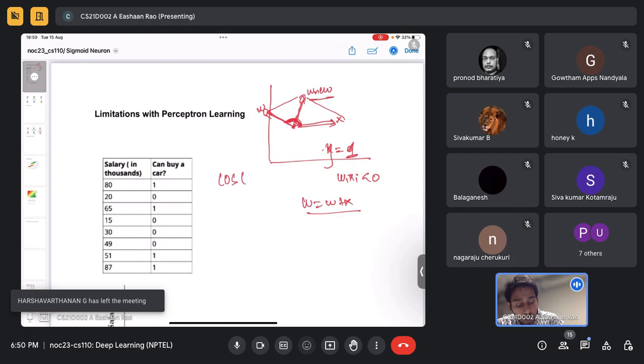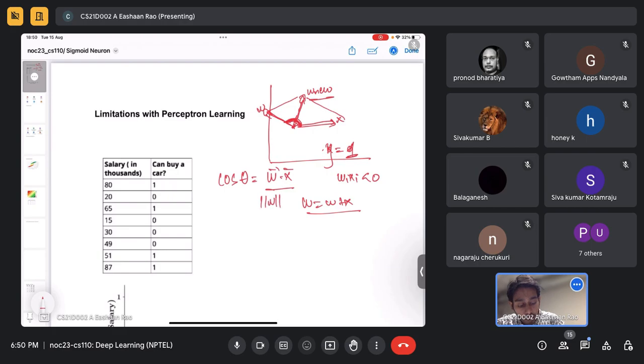Usually the angle between vectors we find using cos theta, so cos 0, cos 90, and cos 180.